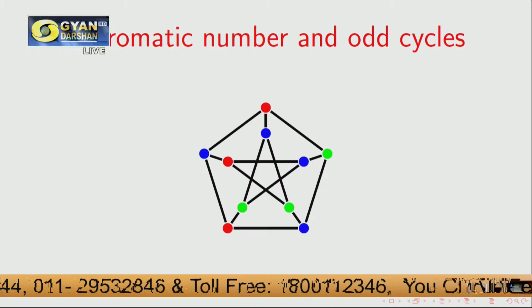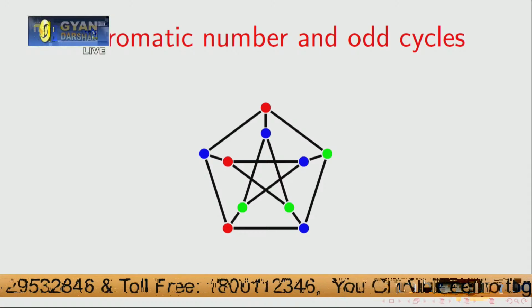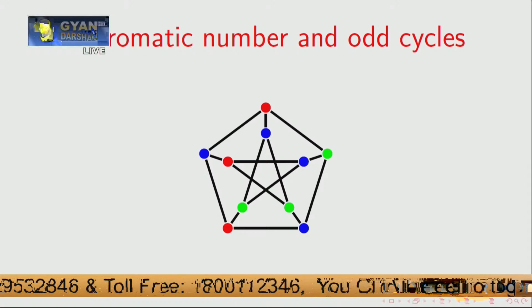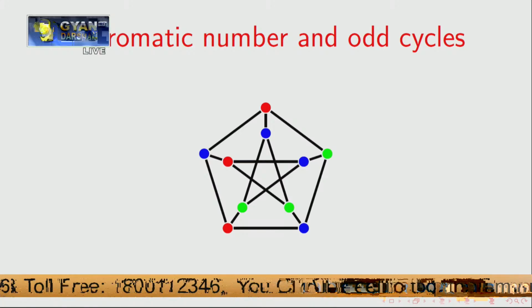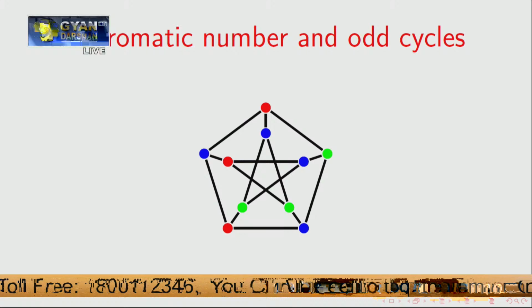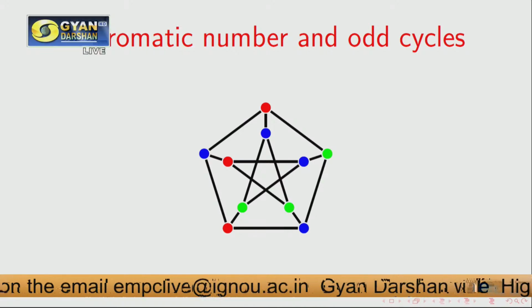So thus far we have seen some small examples of computing chromatic number in familiar cases. Now the question arises, when the graph at hand is large, how to color it? So we need some mechanism, we need some technique to color the graph.